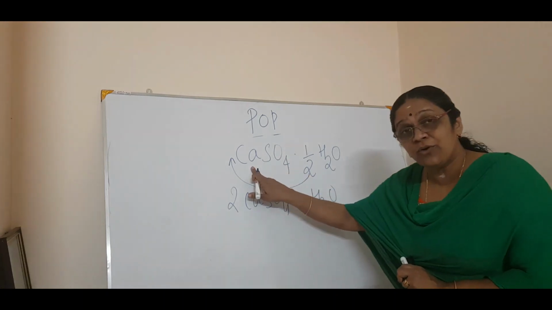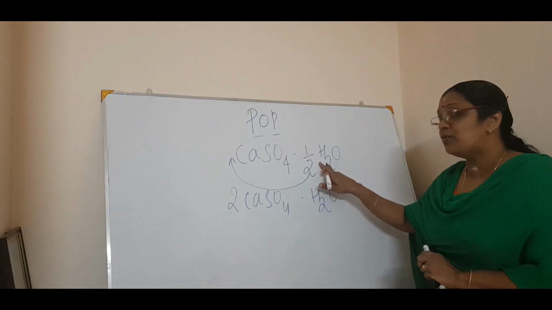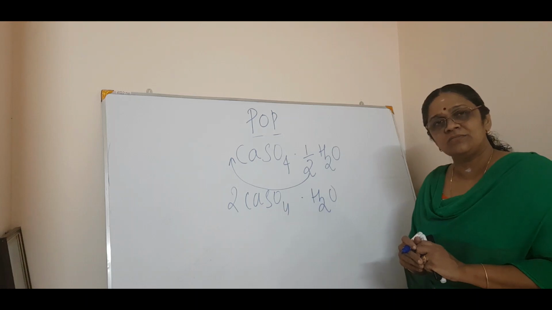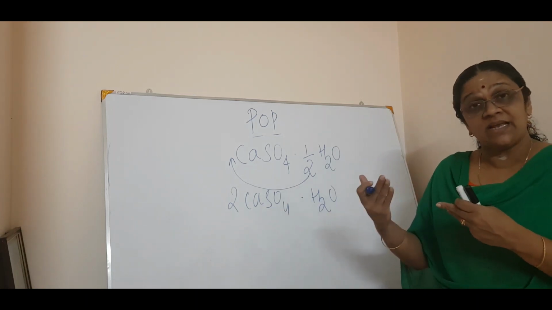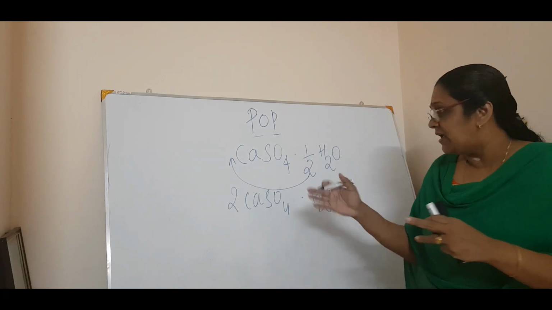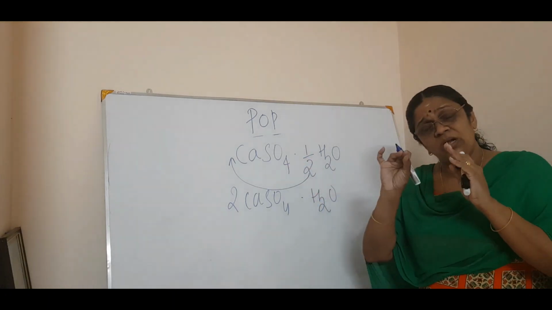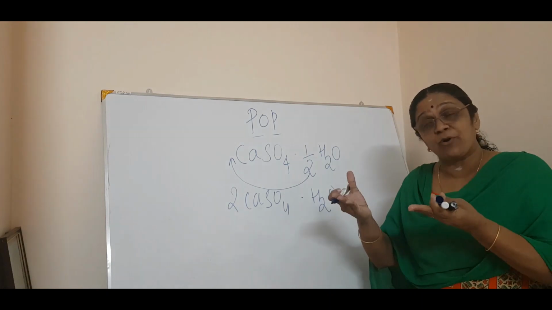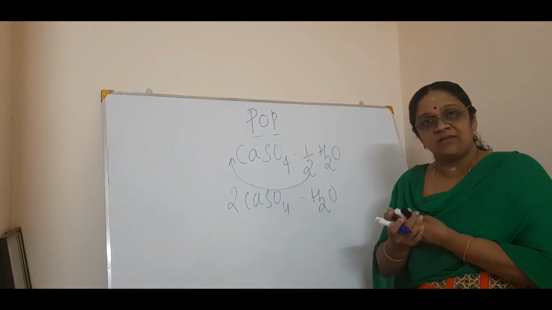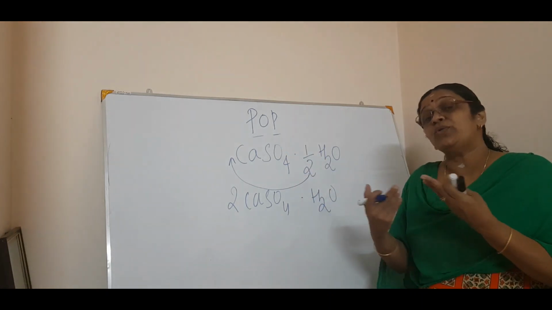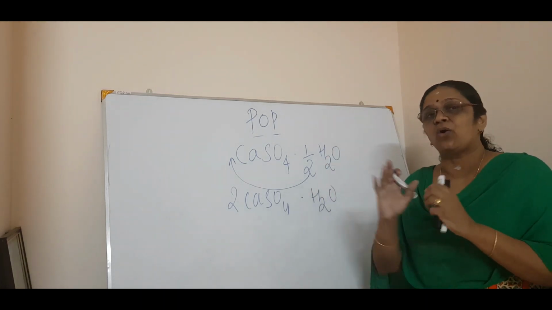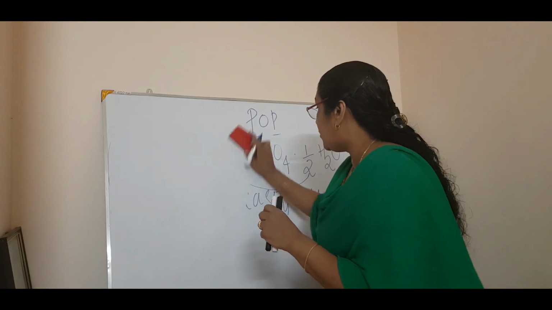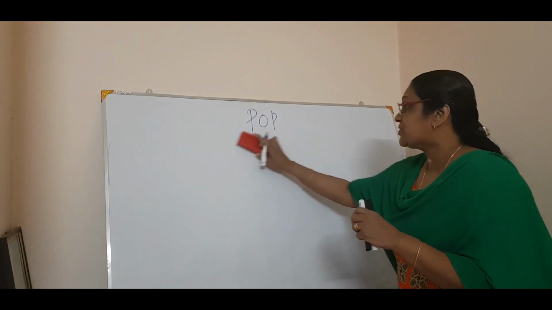So for 1 molecule of calcium sulfate, how many molecules of water? Half a molecule of water. That's it. Correct. So that is how you make experimental procedures. Theory says calcium sulfate needs only half a molecule of water and that product is called plaster of Paris. But practically if you want to do the experiment, you have to take it like this and calculations are done accordingly. So leave it. So this is about the chemical formula for plaster of Paris.